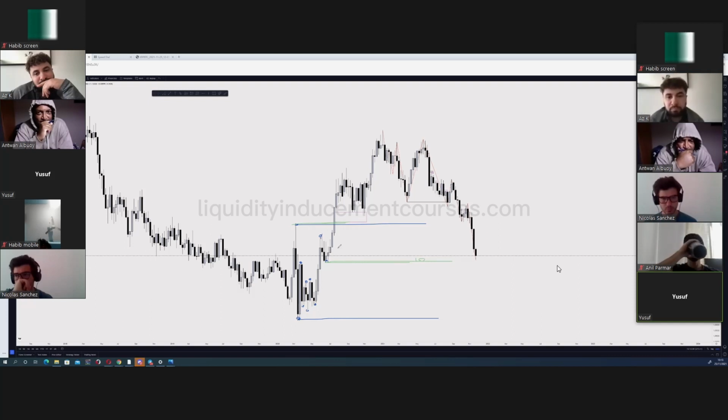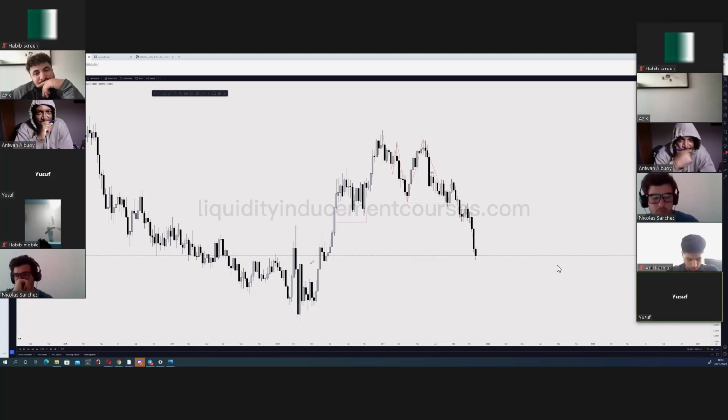This is nothing but a substructure. So when you're marking it, it doesn't mean that you're not paying attention to this. You're paying attention to it. But what you need to understand is that this is going to be more significant for your trading on the daily time frame than it is on the weekly. Does it make sense?